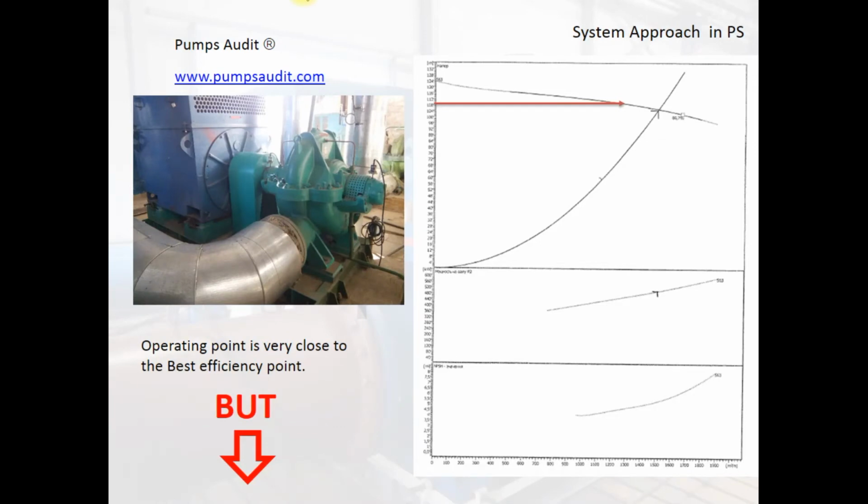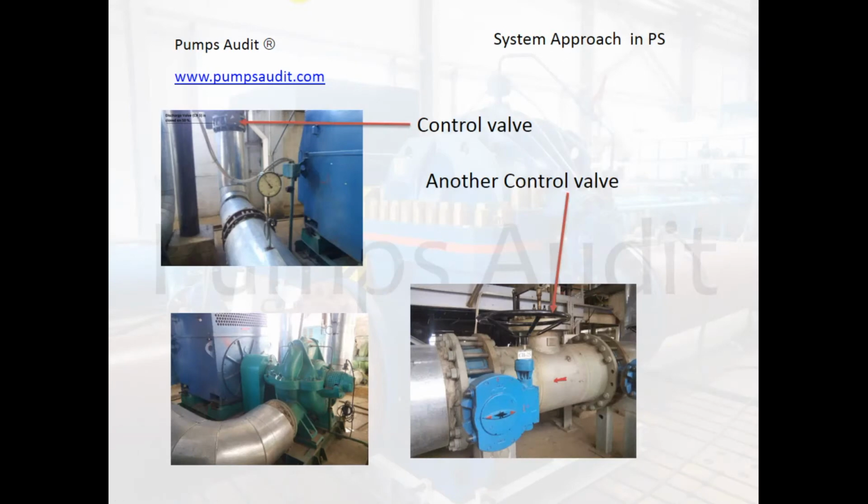If we look at the curve of the pump, we will find that the head of 110 meters lies on the curve very close to the best efficiency point. It looks like a situation when no additional measures are required. But if we look at the system more carefully and check the complete system, we will find some things which will make us think that not everything is perfect. When we walked along the system, we found two control valves.